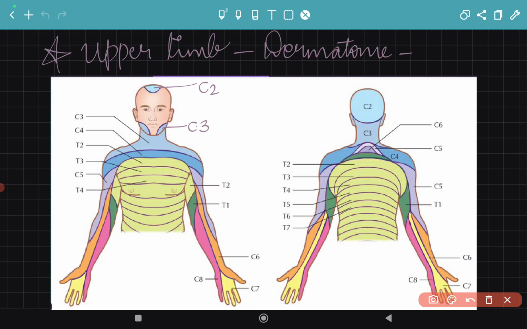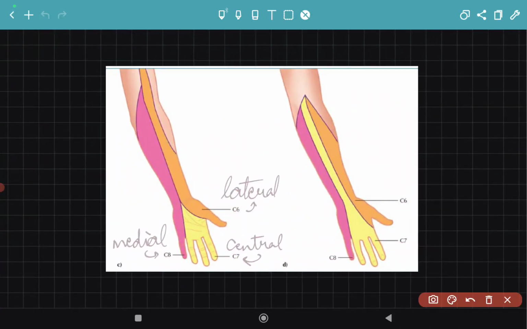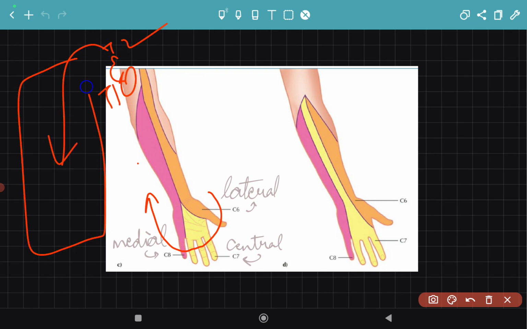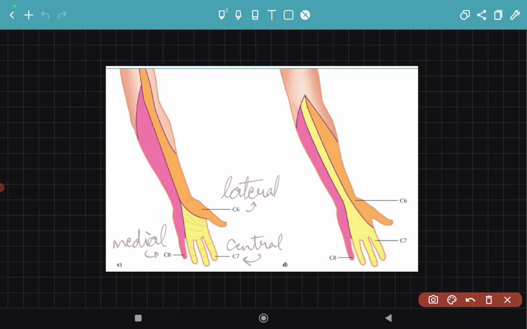Over here it is marked up till T7. In detail, this was C6, C7, C8, then T1 and subsequently T2. Again in the torso part or the thoracic region, we have continuation from T3 and so on till T12, which we will be discussing in this series. We have discussed till T1, T2 at least.